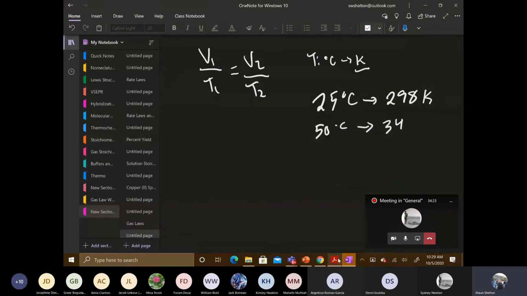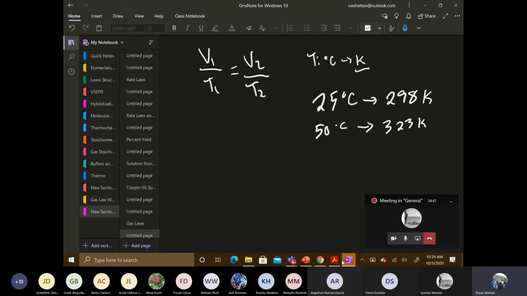Nope, I did something screwball in my head. All right, so that's going to be 323 Kelvin, is that right? Yeah. All right, so 323 Kelvin. You can see the temperature in Kelvin does not double. That's why you have to pay attention to that. It can make a simple mistake very quickly.